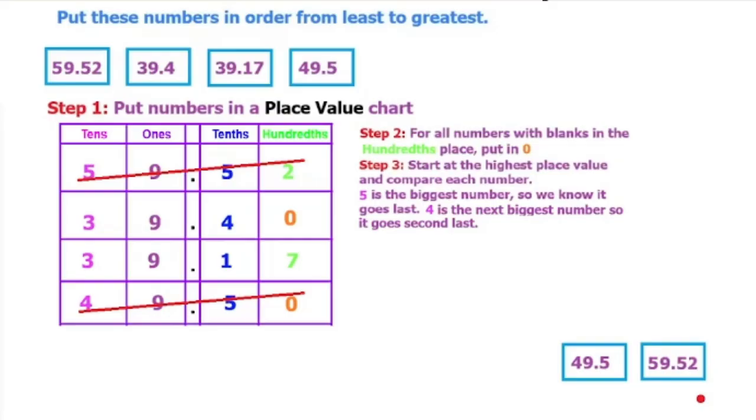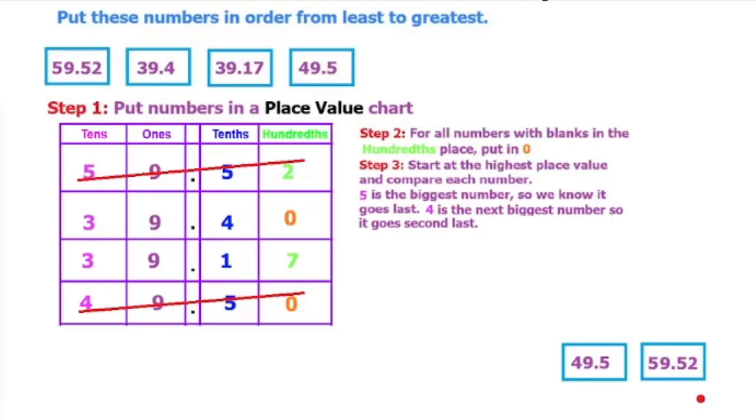Step 4. Look at other place values. All are the same, so we go to the next place value. So these two are the same, so let's go this way, and we see that these two are the same. And now we go to the next place value, we go that way, and we see 4 and 1. So 1 is the smallest, so we know this is the least number.